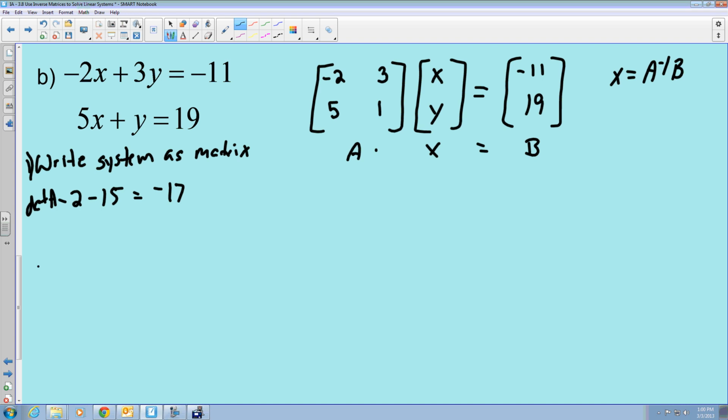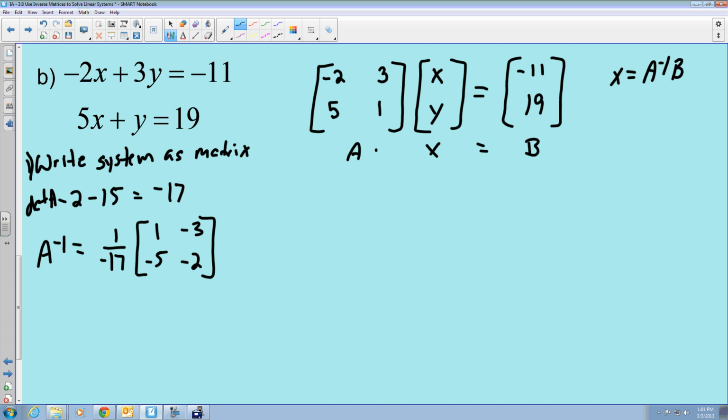Now when I find the inverse of A, that equals 1 divided by -17 times my matrix. I flip my A and D, so I'm going to have 1 and -2 here. And then it's the opposite values for B and C, so it's going to be -3 and then -5.